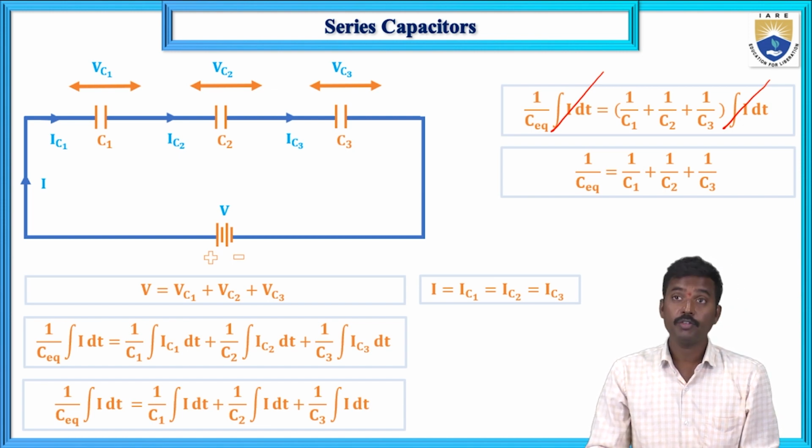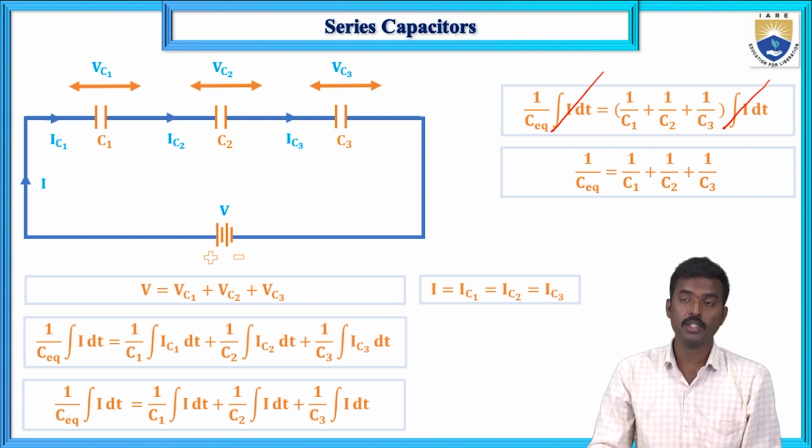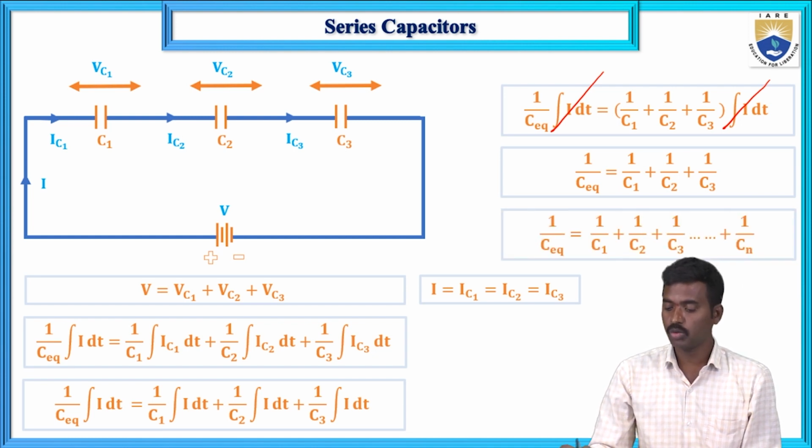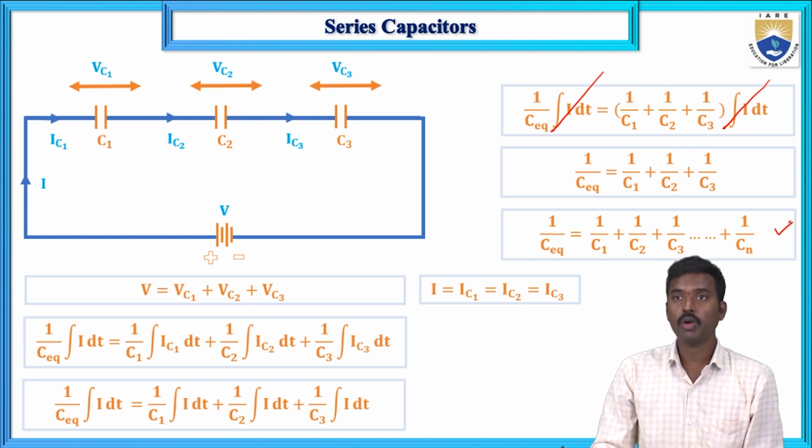This formula is only for three capacitors connected in series. If n number of capacitors are connected in series, then 1 by C equivalent equals 1 by C1 plus 1 by C2 plus 1 by C3 till 1 by Cn.